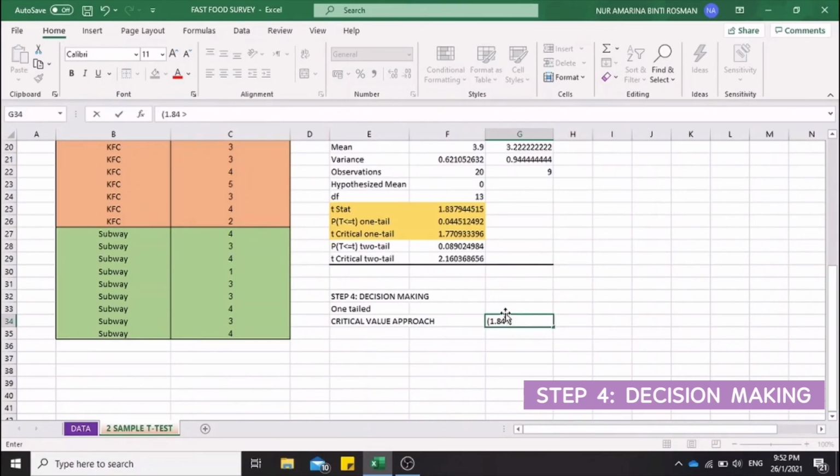CV is t critical one tail, like 1.77. So this statistic is bigger than CV. So within the rejection region, you have to reject H0.